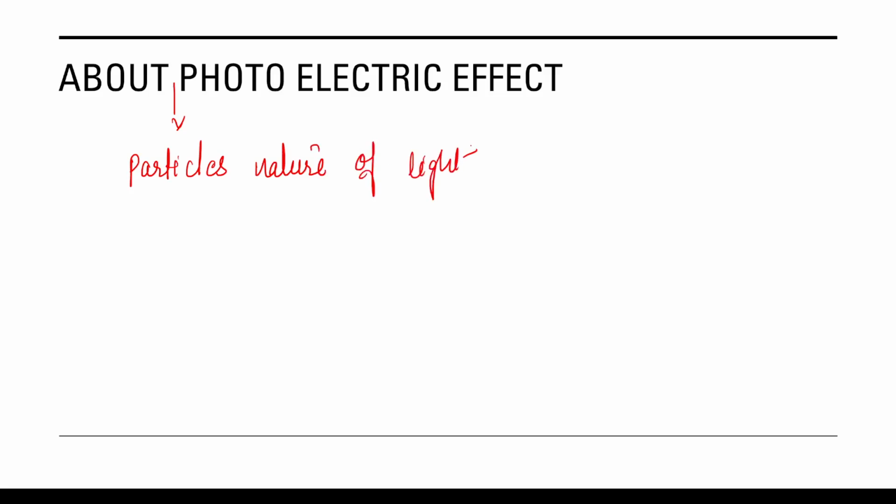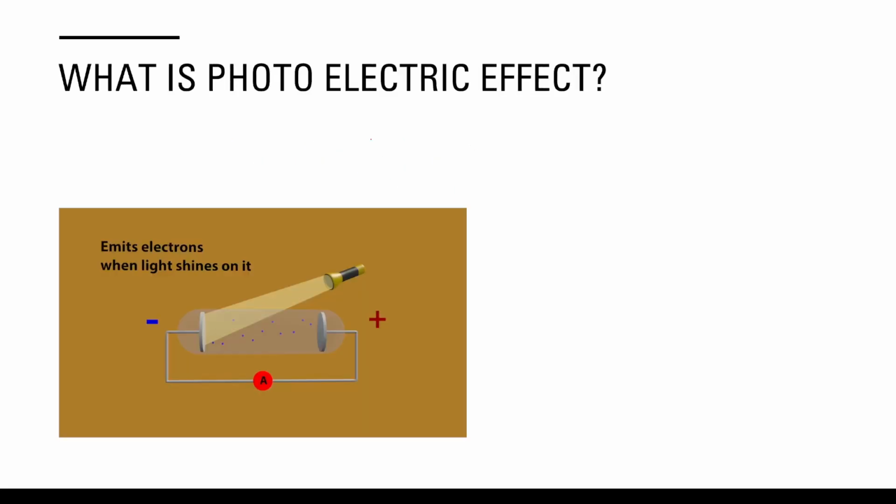Okay, now let's move on. What is the photoelectric effect? Try to see in this diagram. As you can see, a torch is being shone on a metal. This is a piece of metal. Remember, the photoelectric effect is all about particle nature. So if this light has packets of energy, what are these packets of energy?